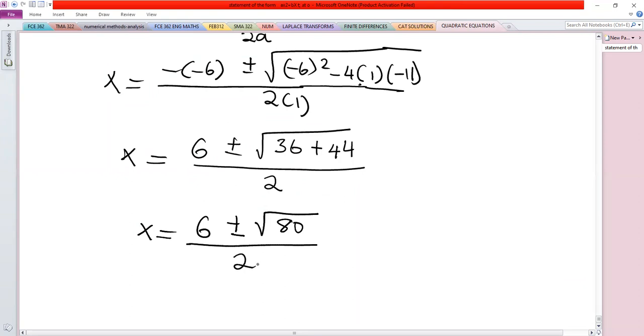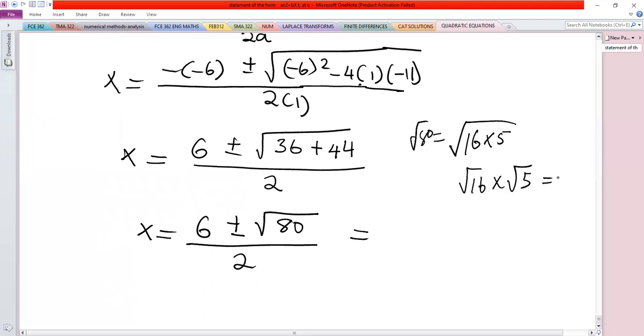But then you see 80 is the same as 16 times 5. So square root of 80 is the same as square root of 16 times square root of 5, which is 4 root 5. So this will be 6 plus or minus 4 root 5 divided by 2.